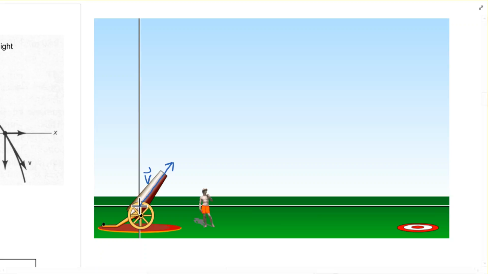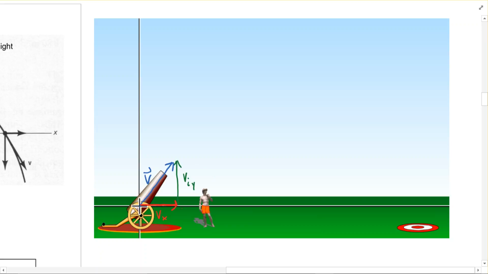So we want to split this thing up into its x component and its y component. If I split this thing up, then the y component here is going to be our vi in the y direction, and this is going to be our vx, and it's constant velocity, so it's not vi or vf or anything like that.